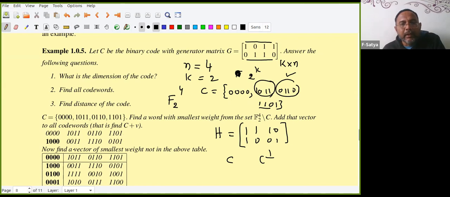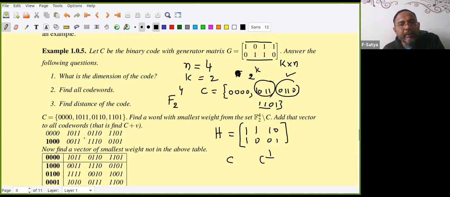Now find a vector of smallest weight not in the above table. What is the vector? 0 1 0 0 is missing. It has minimum weight. Now I'll put that, and again I will add this to each and every one. 0 0 0 0 and 0 1 0 0 same. So here I'm also adding 0 1 0 0. If I add, it becomes 1, right?